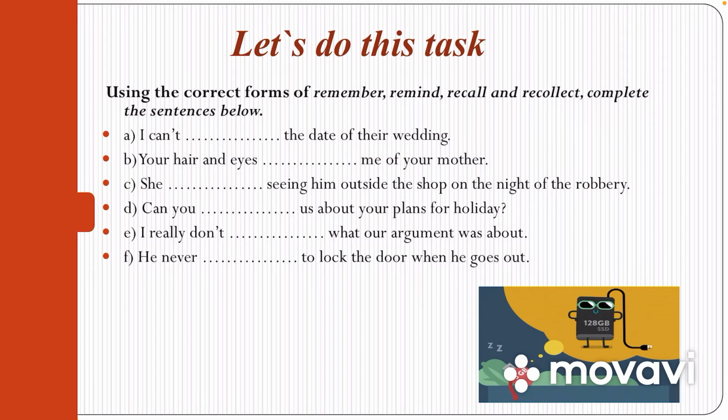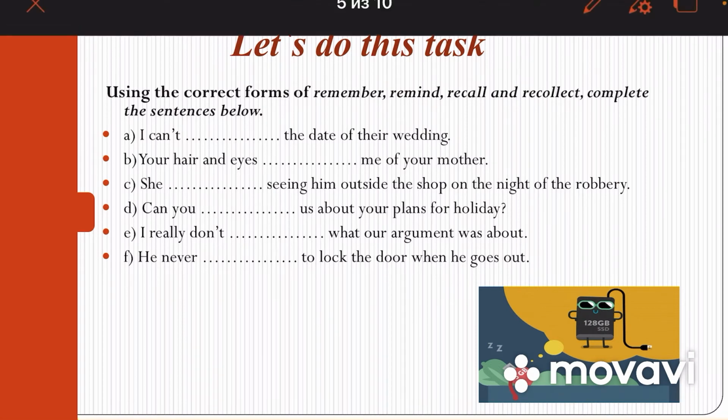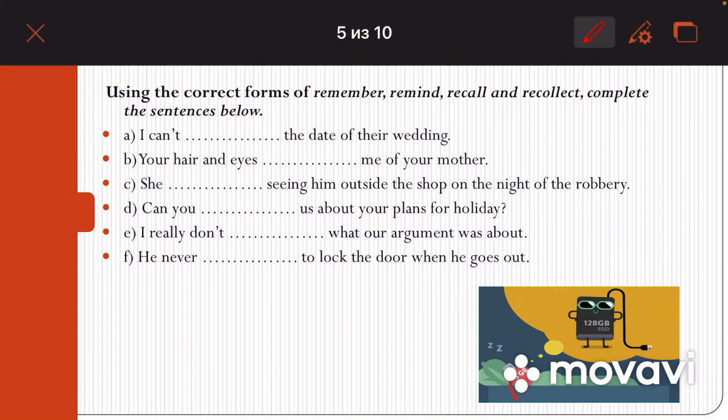You need to use the correct forms of the verbs remember, remind, recall, and recollect to complete the sentences below. I think it's easy for you. Also, I write here the right answer.